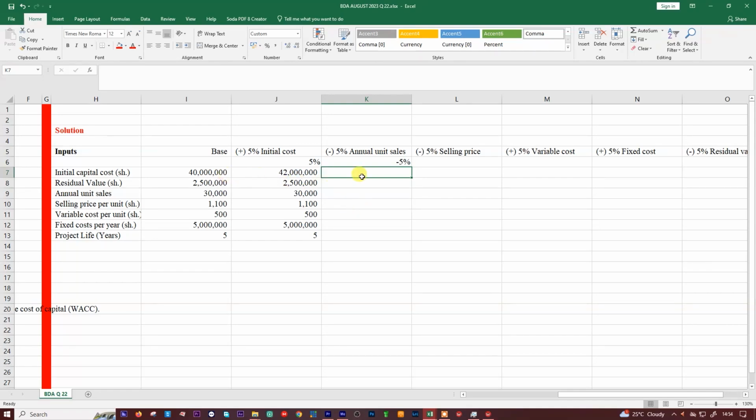And so I'll now adjust each of these items moving towards the right there: the annual unit sales, the selling price, the variable cost, and so on and so forth. So that right down over here we can now do the workings effectively. You can say plus that value times 1 plus, it should be, because we're decreasing this value over here.